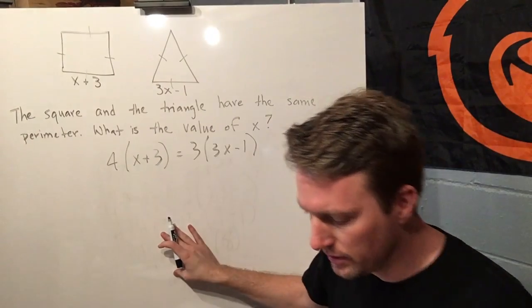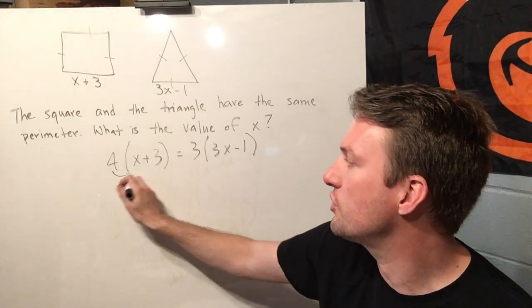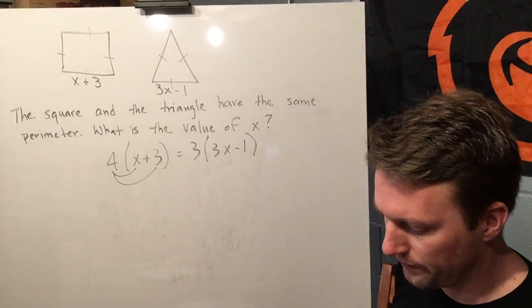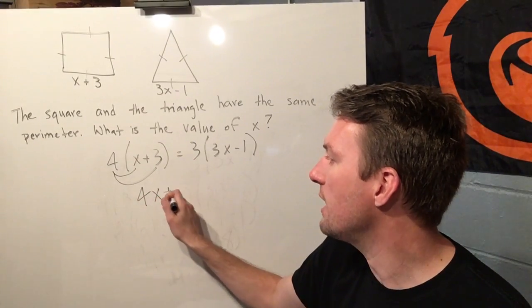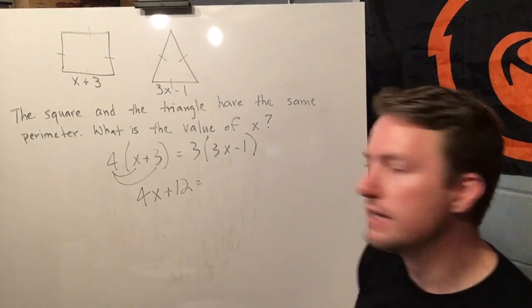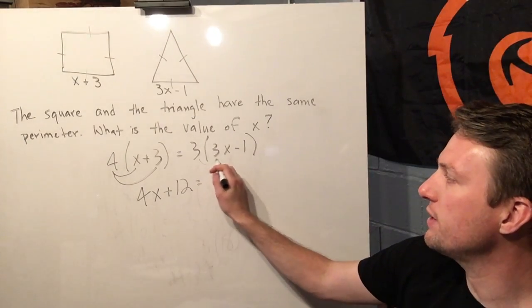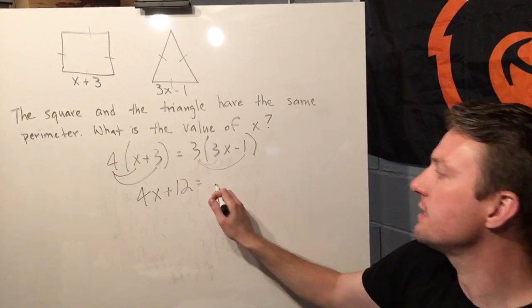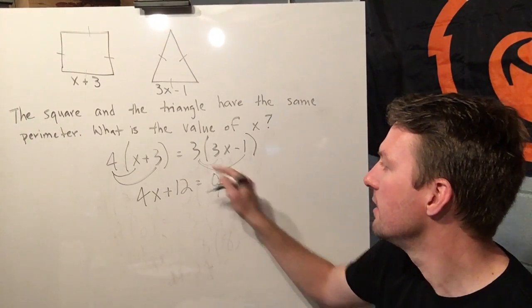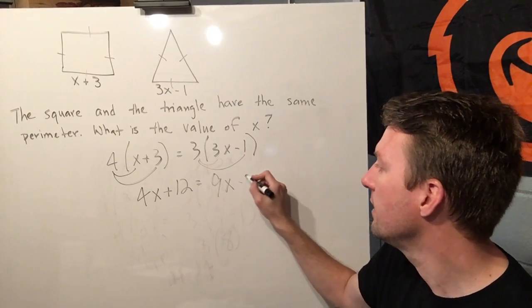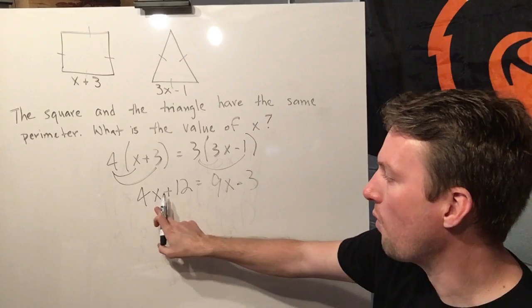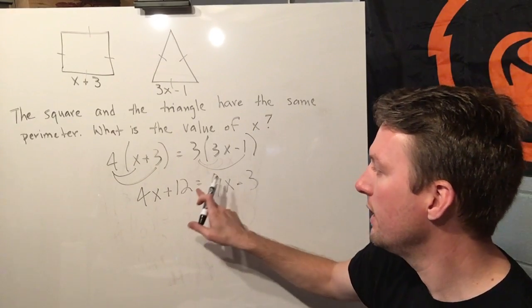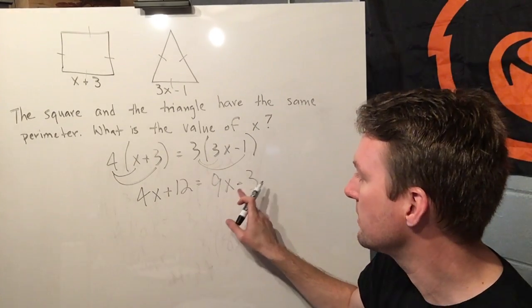We distribute this 4, and it equals 4x plus 12. On the other side, we distribute this 3. 3 times 3x is 9x, and 3 times 1 is 3, minus 3. So our new equation is 4x plus 12 equals 9x minus 3.